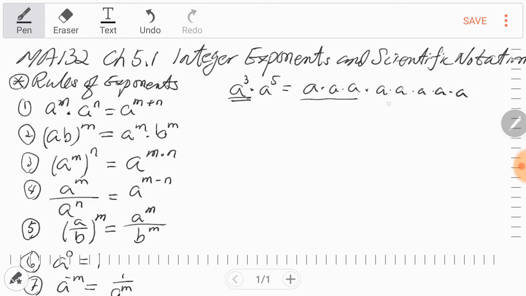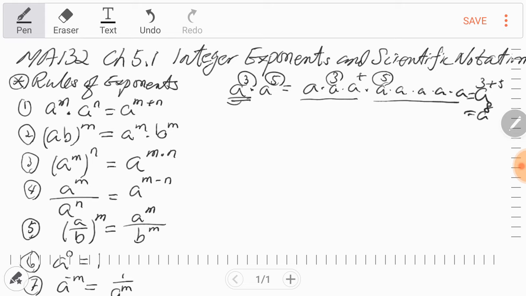So altogether, how many a's are there? 3 and 5, so there are altogether 8 a's. So a is multiplied 8 times, and we can write it as a to the 8th power. That 8th power comes from adding two exponents, 3 plus 5. So a to the 8th power.